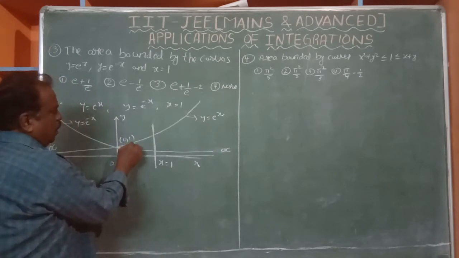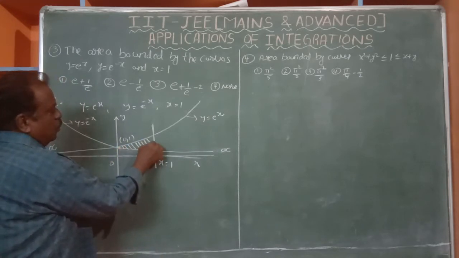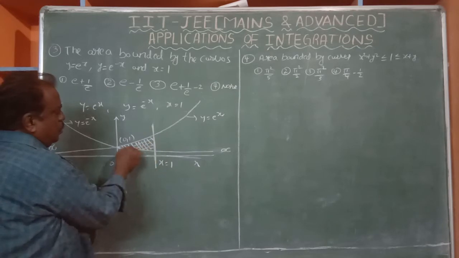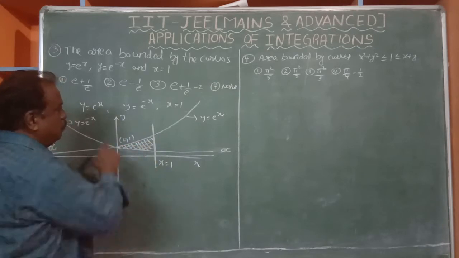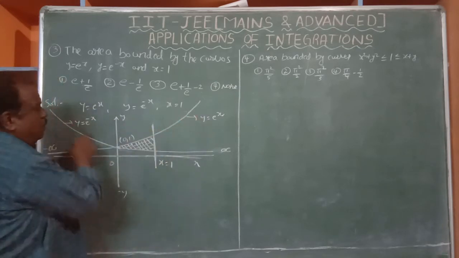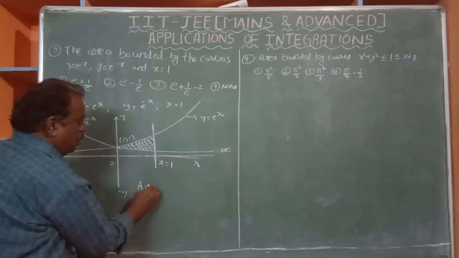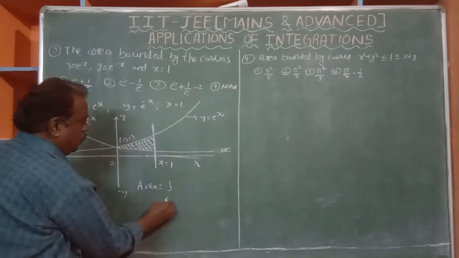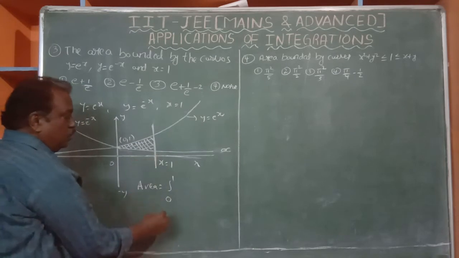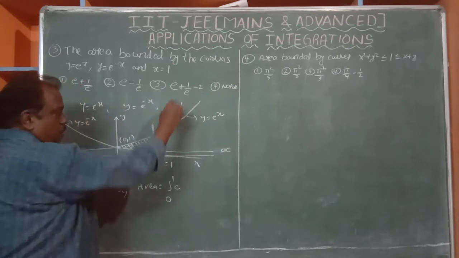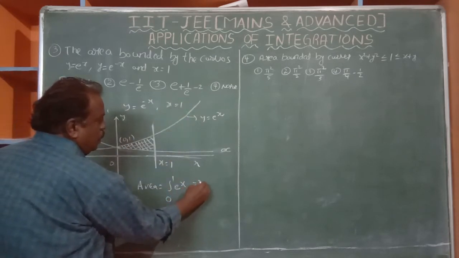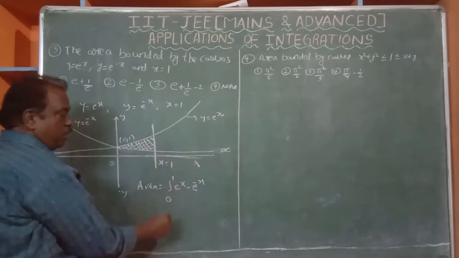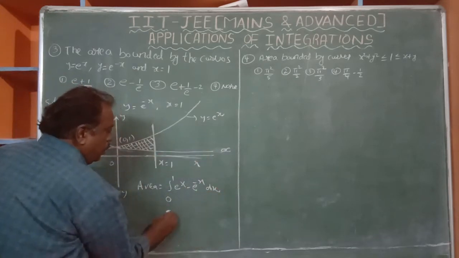We need this area. This area is enclosed by the two curves, y is e power x and y is e power minus x. So area is equal to integral 0 to 1, the first curve is e power x and the curve under it is e power minus x, dx.